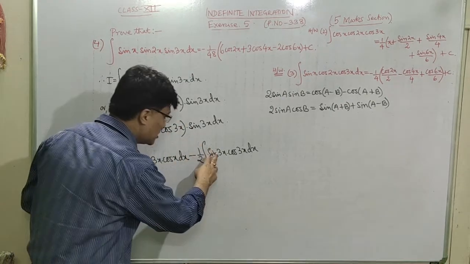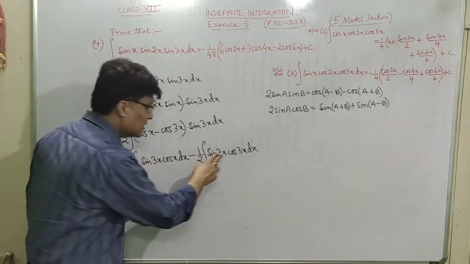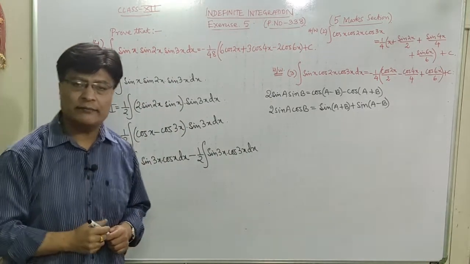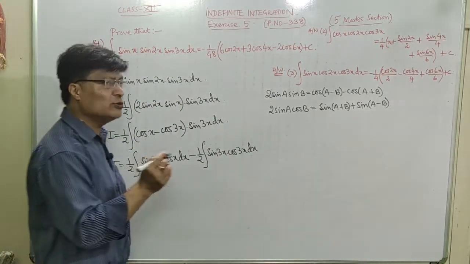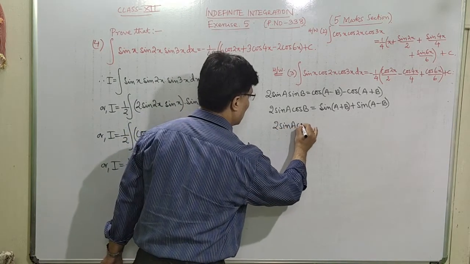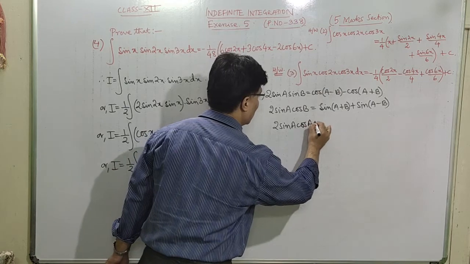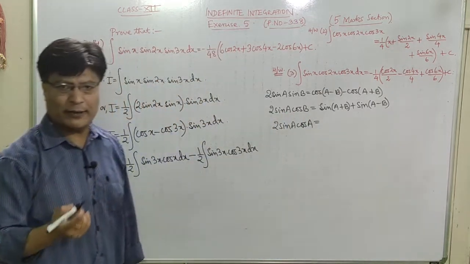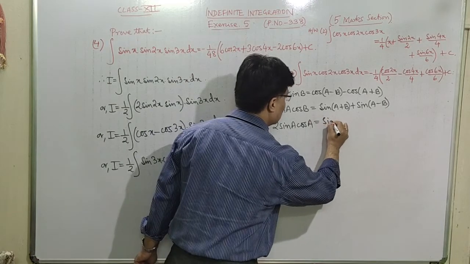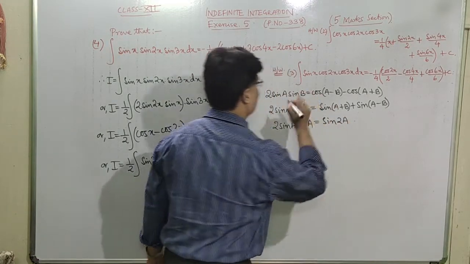Next, now this is your sin A cos A. Same angles are here, so we can use the formula of 2 sin A cos A. This formula is from multiple angles. You know multiple angles, isn't it? What is the formula for 2 sin A cos A? It is sin 2A.